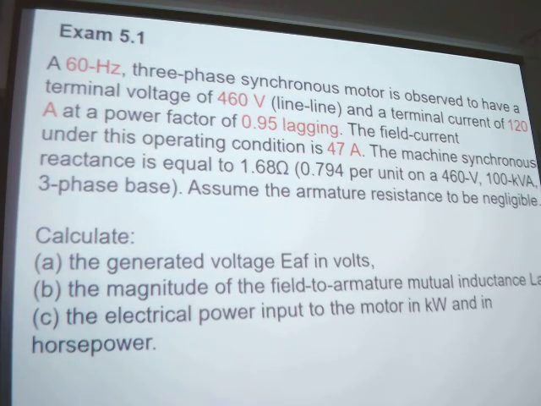We should know the equivalent circuit and use these variables to calculate others. For example, for part A, to calculate the EAF.